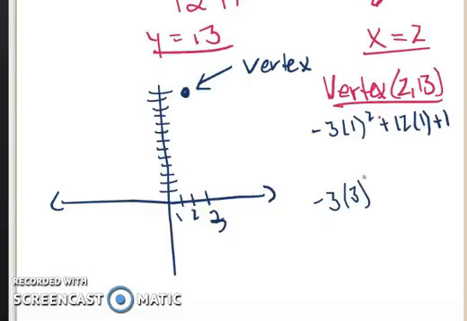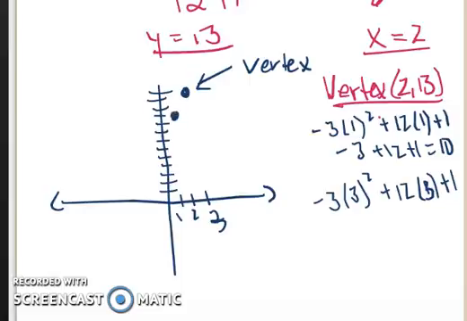So this is going to be 3 squared plus 12 times 1 plus 1. Whoops, sorry, that's a 3. Alright, so we get negative 3 plus 12 plus 1, so we're going to get 10. So 10's right there.